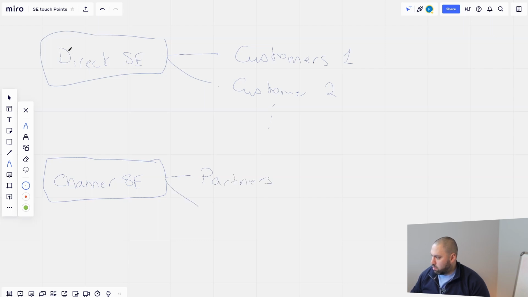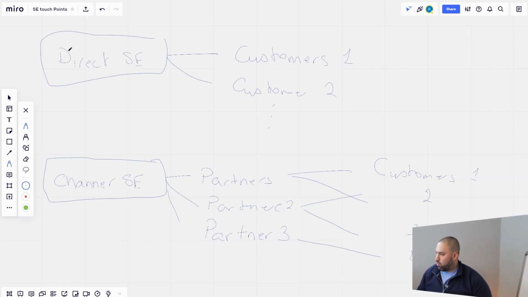So we have partner 1, partner 2, partner 3. And then these partners work with customers. So customer 1, 2, and they could be working with the same set of customers, 3, or it could be different altogether, 4.